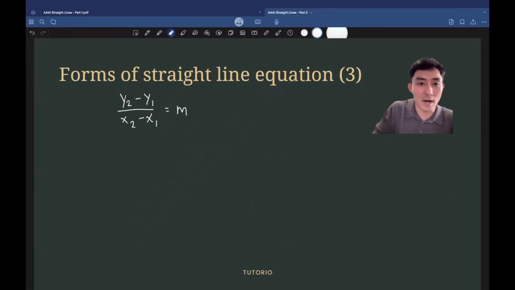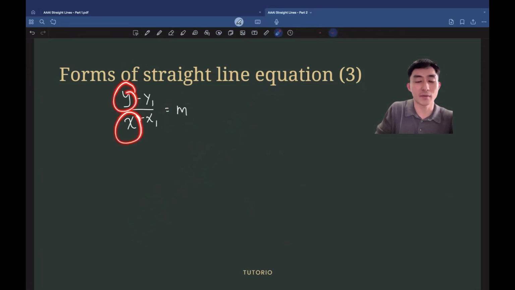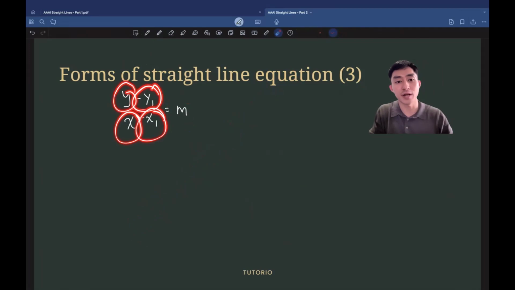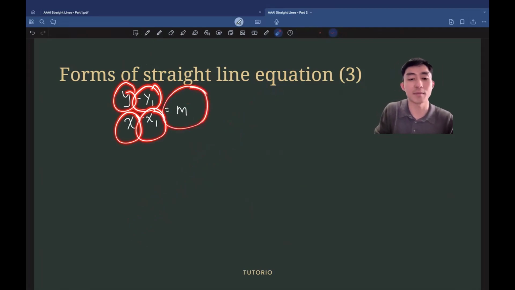So we generalize the y2 and x2 into y and x, because any point that we take, in relation to that point, must have the same gradient.